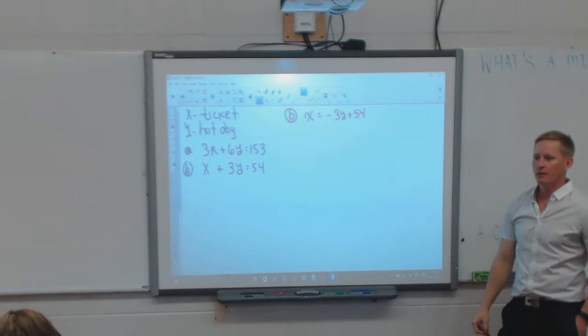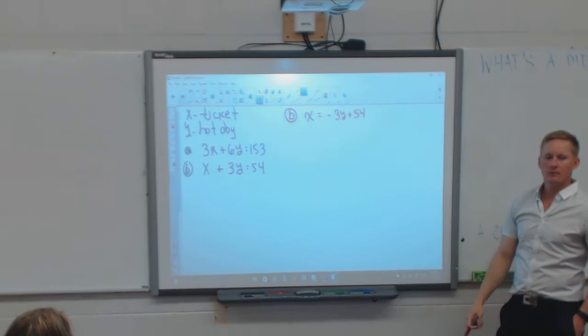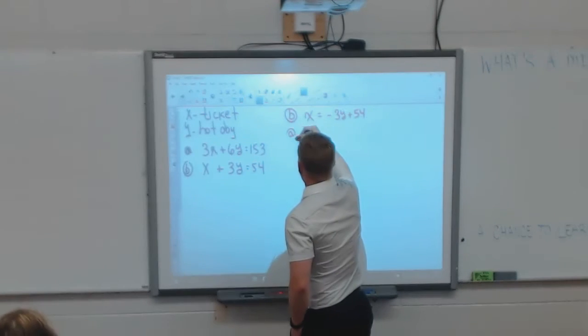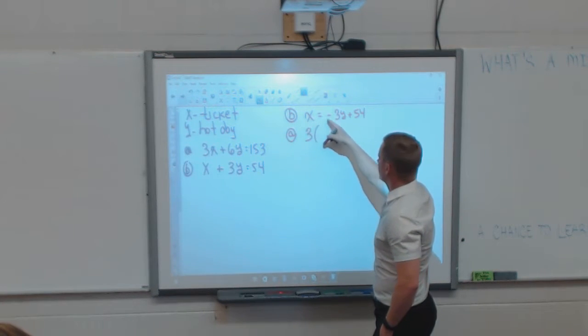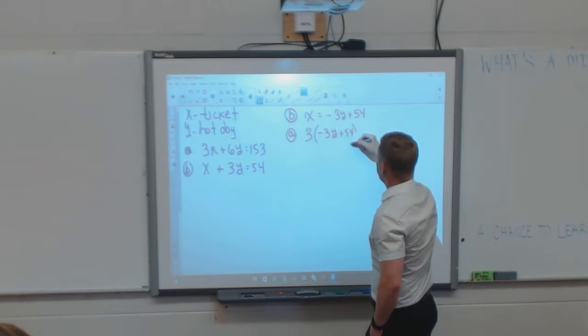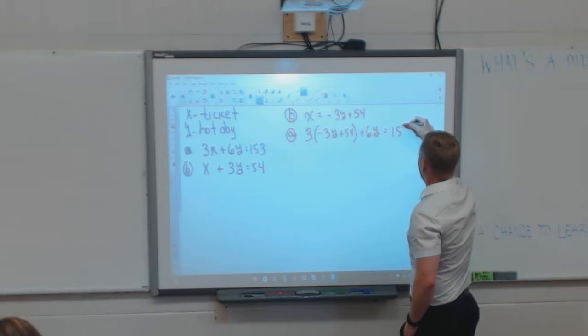Right? Now what do I do with that? Plug it in for x in the original equation, the A equation. So 3 times, now instead of x, I'm going to use this: minus 3y, add 54, plus 6y equals 153.